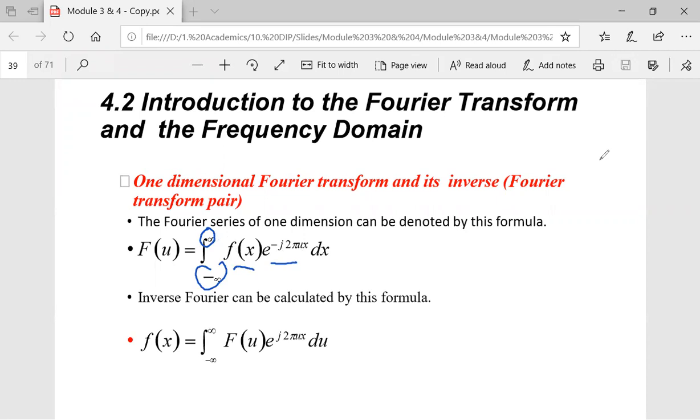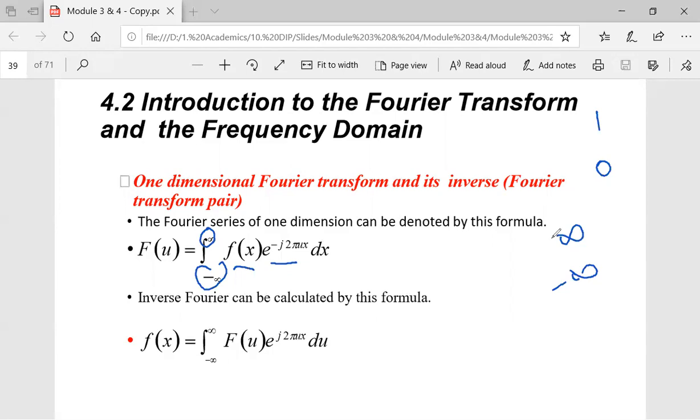In the spatial domain we were seeing 0 to 1, because we were directly dealing with the matrix. Here we are dealing with frequency, which is why it is minus infinity to infinity. We are dealing with the periodic changes in the frequency domain.